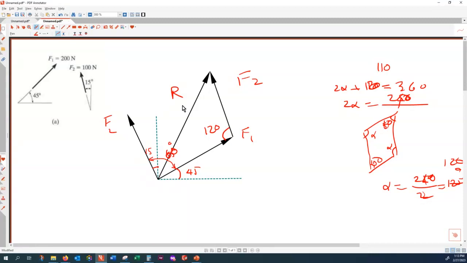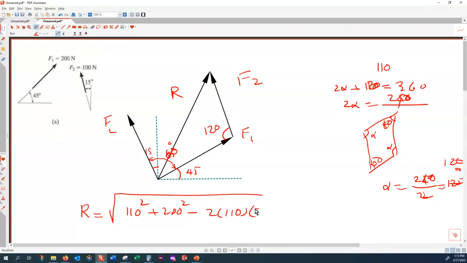And Chesa, do I use the sine law or cos law? Or how do I find R? The answer is cos law because we have F1, F2, and the angle between them. That is 110 squared plus 200 squared minus 2 times 110 times 200 multiplied by cos 120.